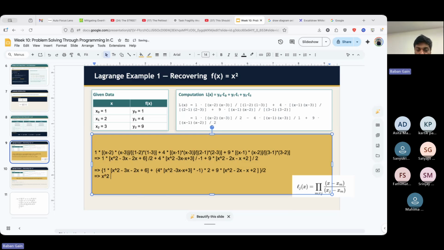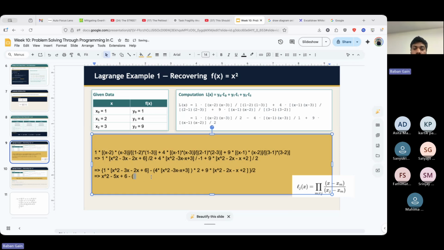X square minus 3x minus 3x minus 2x. So it is minus 5x, right? Plus 6. This part is done. Then let me multiply this with this. So here I can just simplify, minus 1 I can include within it. So I can do it minus 4, right? So I can take the minus common and I can take it 4. This is also fine. Okay.